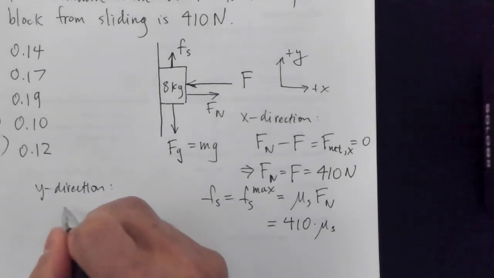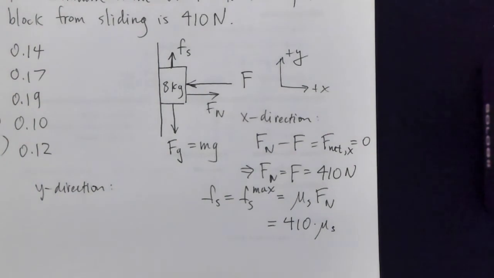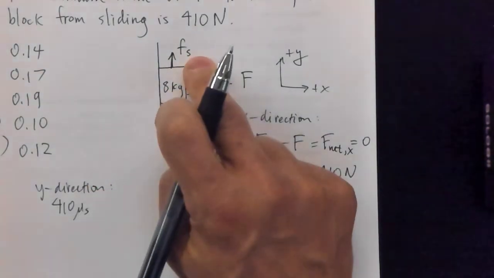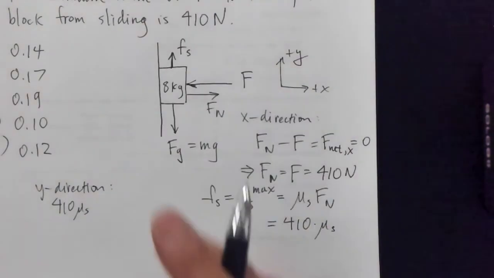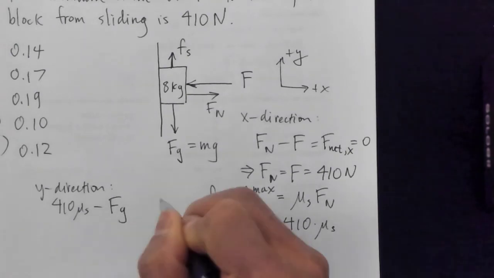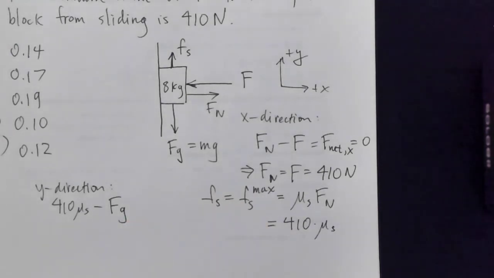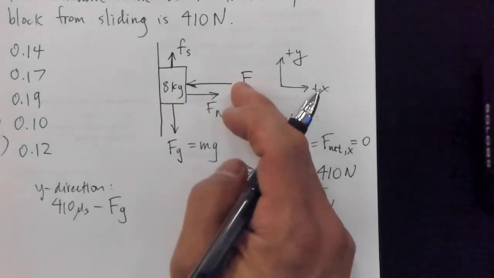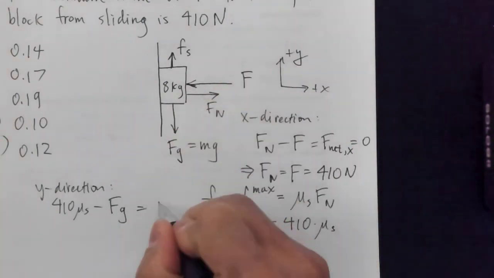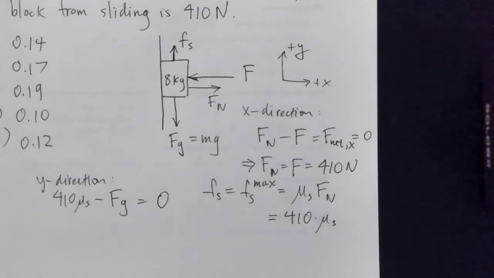In the y direction, we have Fs going up, so we have the 410 US going up. And then we have the force of gravity going down, that's minus Fg. There's no acceleration in the y direction, so that must be equal to 0 as well.